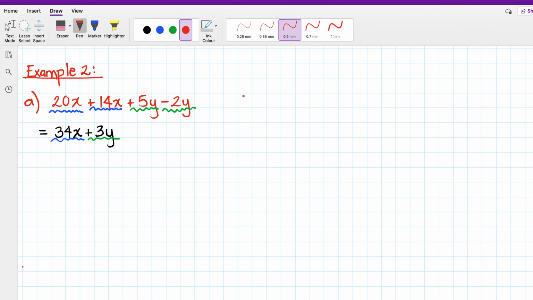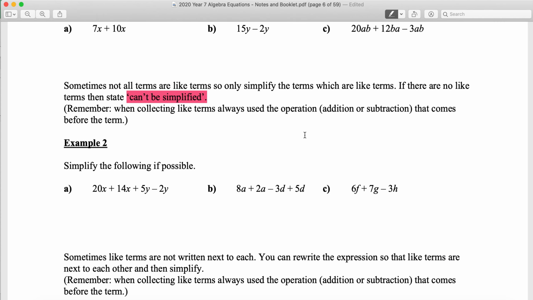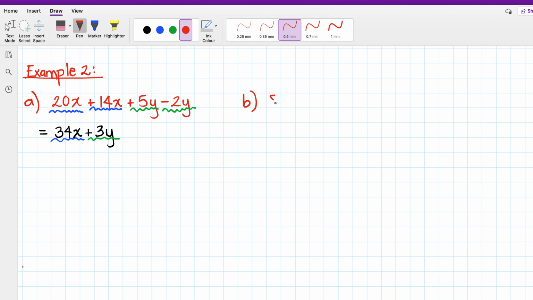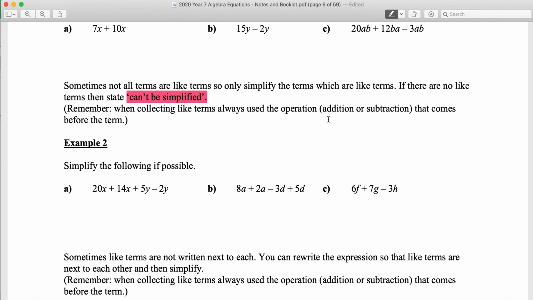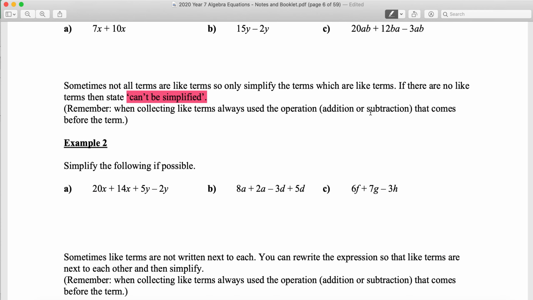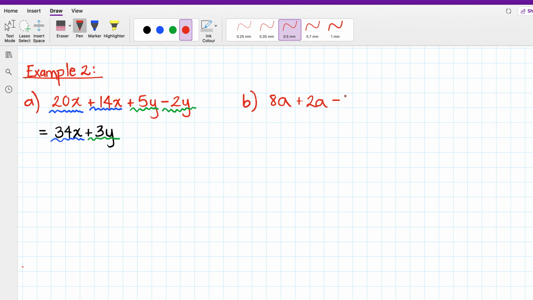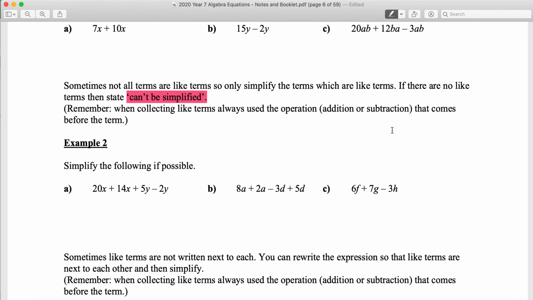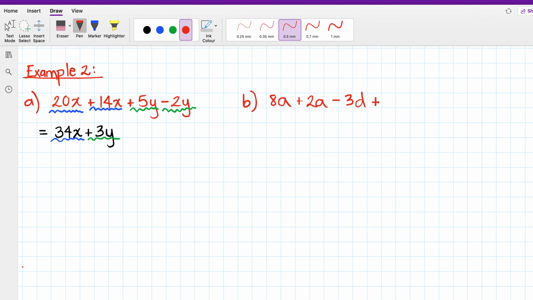So I'm going to do B here. So it says 8a plus 2a take away 3d plus 5d. Okay, so in blue, 8a plus 2a, in green, negative 3d plus 5d.